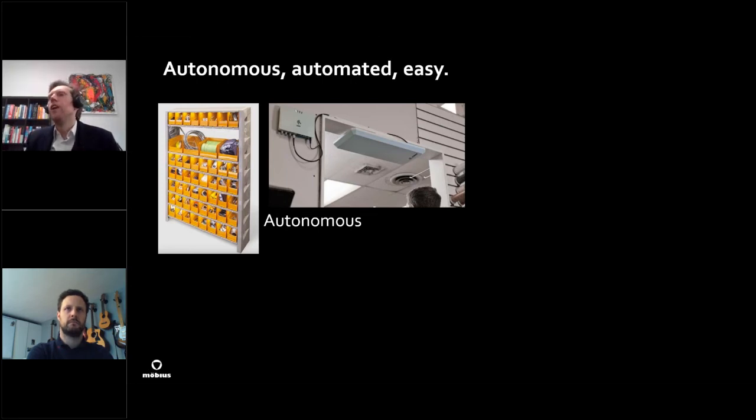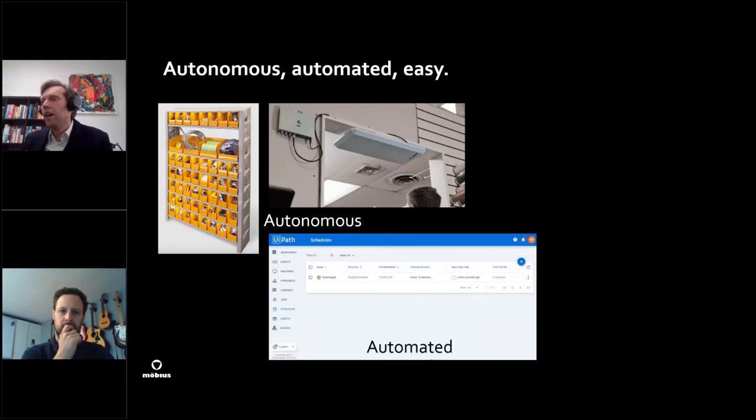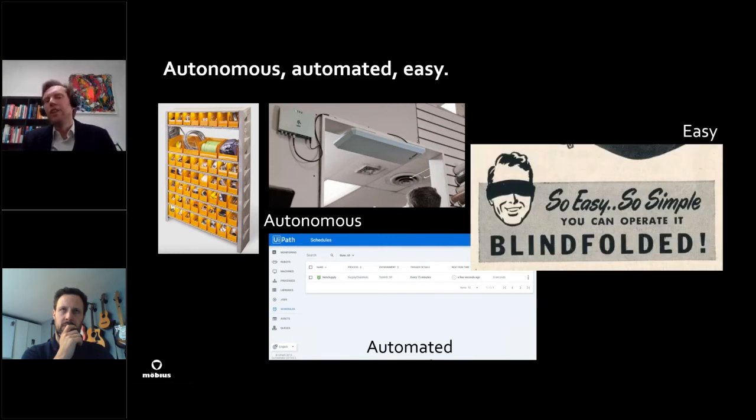A lot of technical solutions exist today, for example, to log consumption of parts automatically. A second step could be automation. It's still not completely autonomous, but instead of needing a lot of manual steps, I automate the process. And the last one, even if we need manual steps, make them as easy as possible.